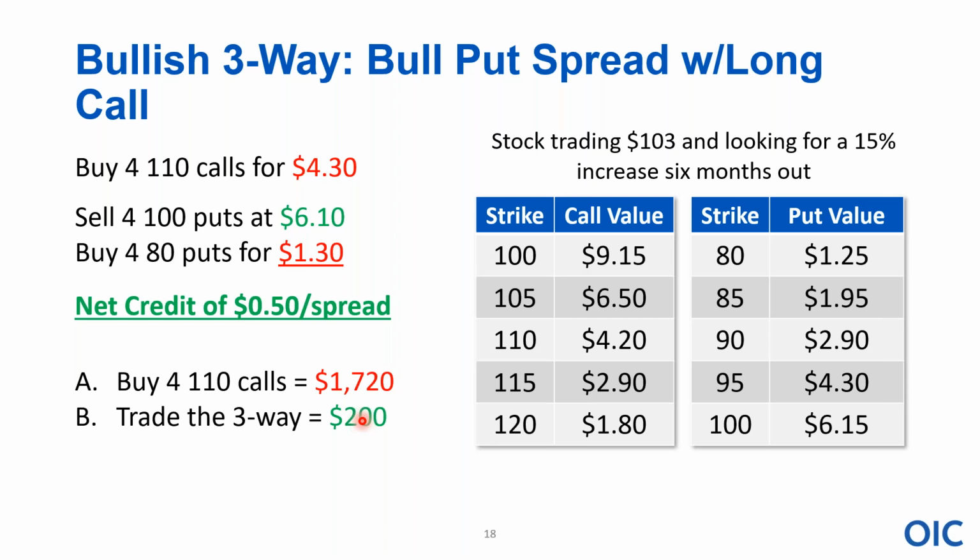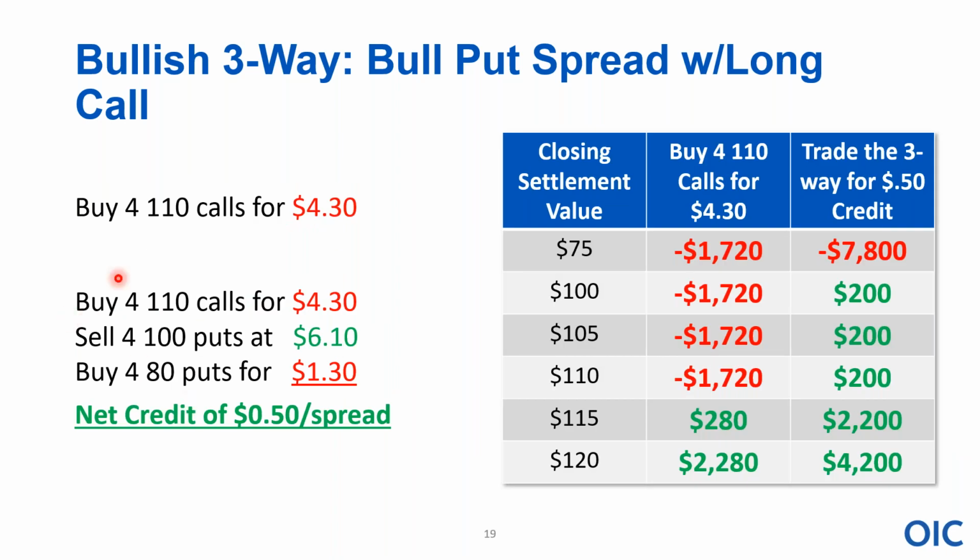We've eliminated that here, and that's a big benefit to doing a three-way. However, there's also a big cost to that. Whenever you compare option strategies, there's a benefit and there's a cost. So we'll look at that on the next slide when we put up the P&L graphs.